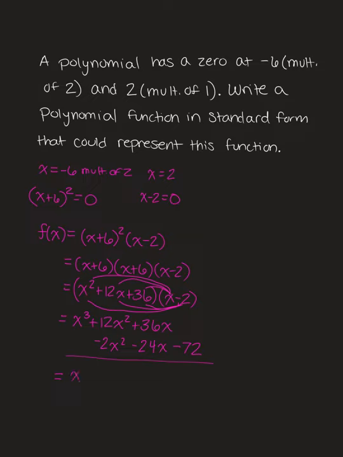Last step, you will get x³ + 10x² + 12x − 72. This could be your polynomial function for a 0 at −6 with a multiplicity of 2 and at 2 with a multiplicity of 1. Okay.